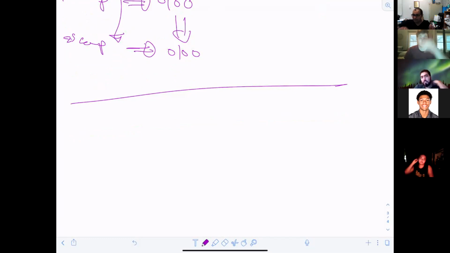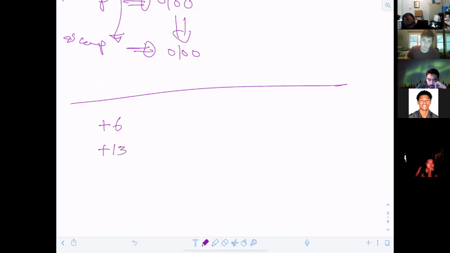Marvin, when I put the sign with the value, that means it's going to be sign, right? So if I say +6, automatically this is sign value, right? If I would like to do this operation, +6 and +13, what do you mean by this?